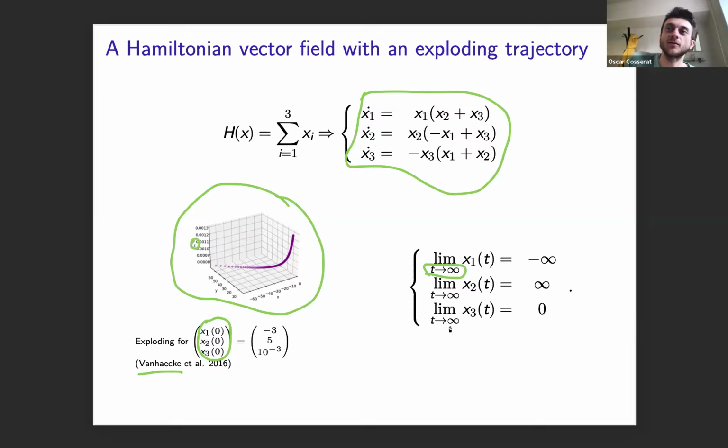You see that it's very close to 0, but then x1, being x, goes to minus infinity, and x2, being y on this picture, runs to infinity.